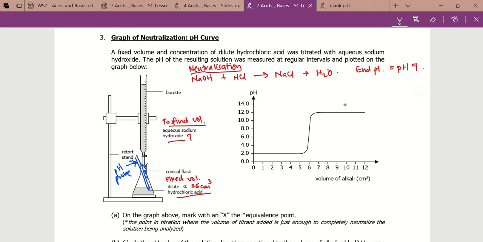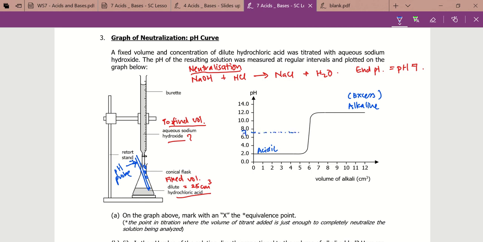So this one is when it is alkaline, and in this case, you will usually understand that this is when excess alkali has been added. And at the start over here, this is where it is acidic. So what I want is pH 7, right? So pH 7 is over here.